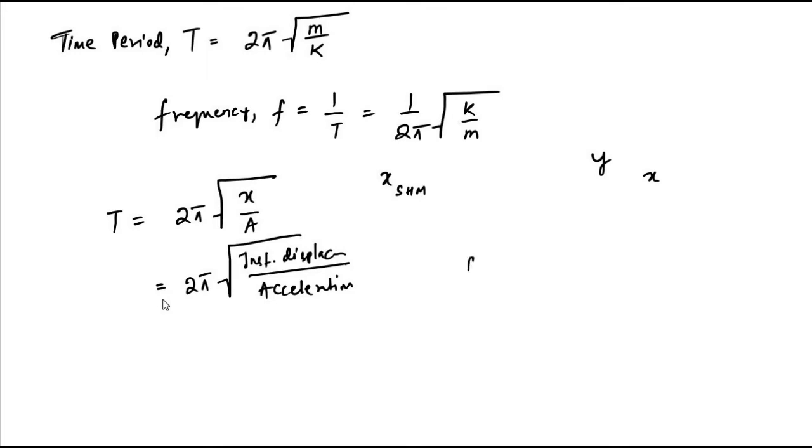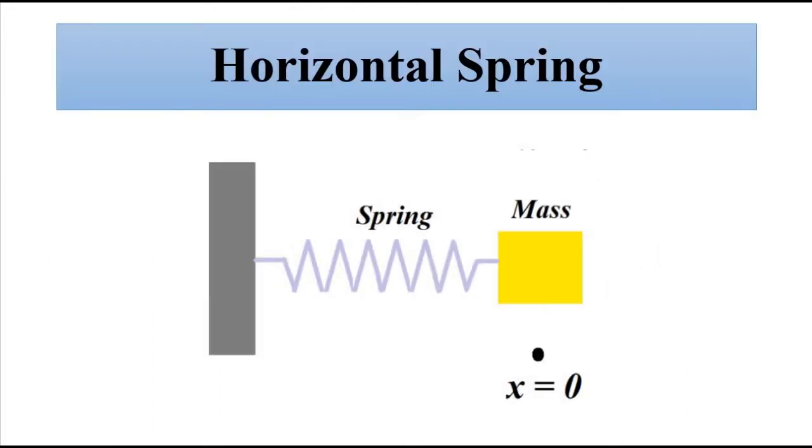Similarly, frequency will be the reciprocal of the time period, which is 1 by 2 pi root over a by x, where a stands for acceleration and x stands for instantaneous displacement. You can represent it in this way. So this is for a horizontal spring.